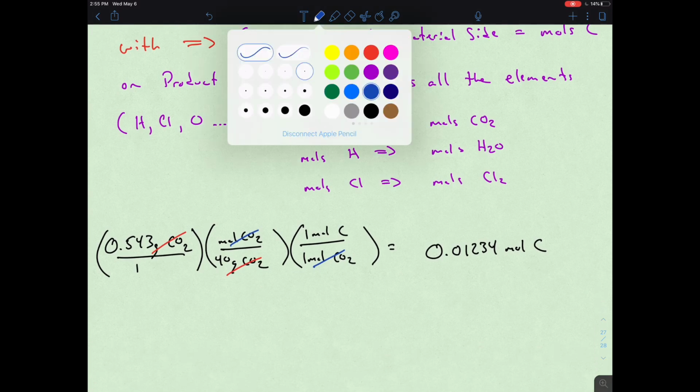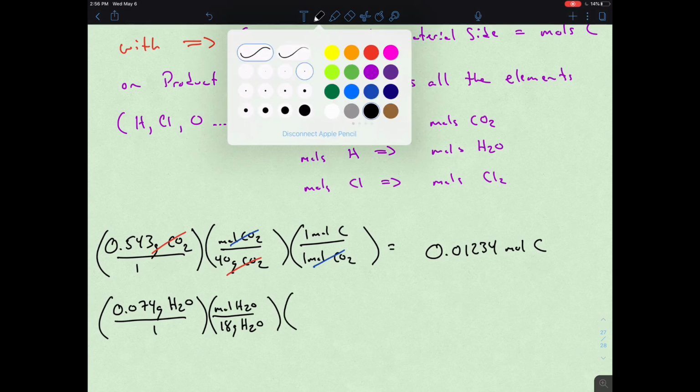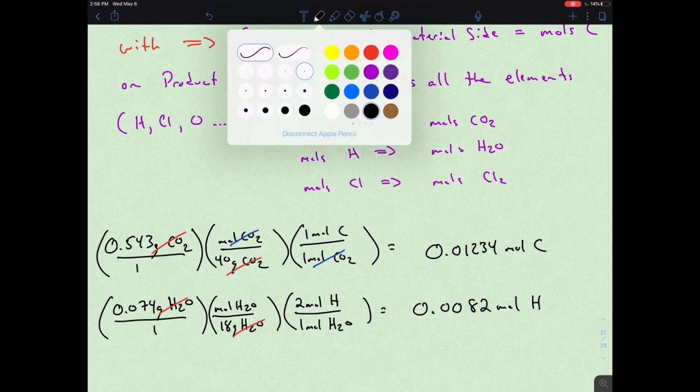And now I just repeat that process for the other two. I have 0.074 grams of my H2O, dividing that by 18 grams per mole. That gives me moles of my H2O, and then for every 1 mole of H2O, there's 2 moles of hydrogen, and so that gives me 0.0082 moles of my hydrogen.